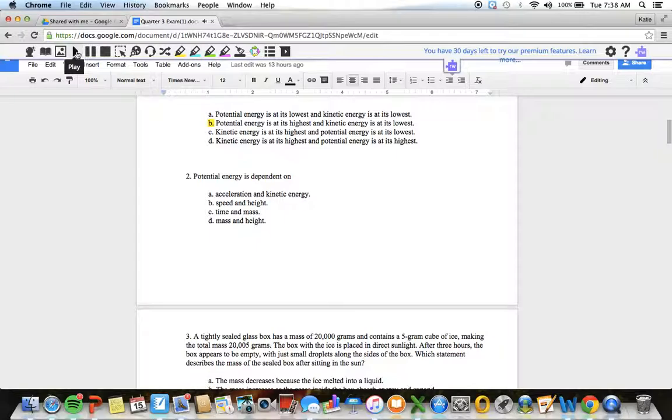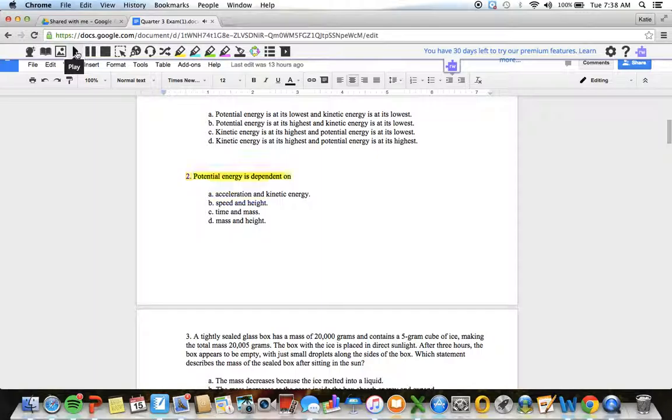B. Potential energy is at its highest and kinetic energy is at its lowest. C. Kinetic energy is at its highest and potential energy is at its lowest. D. Kinetic energy is at its highest and potential energy is at its highest.